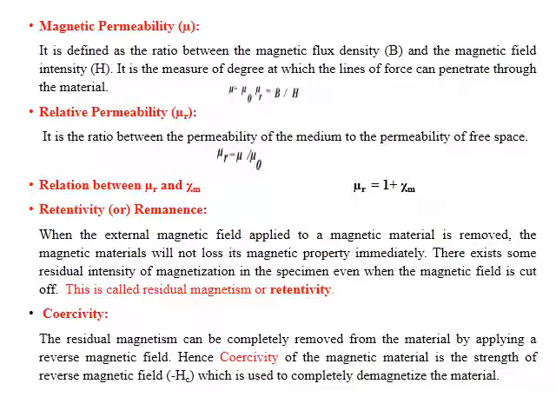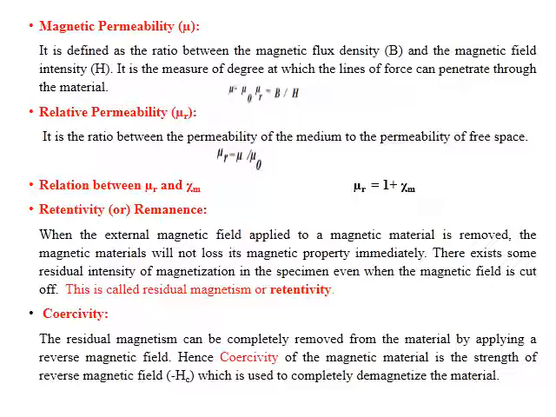We all know that when we place a non-magnetic material in an external magnetic field, it will be converted into a magnet, and often we can observe that after removal of the external magnetic field, the magnetic material still possesses some amount of magnetic energy. That amount of energy retained by the magnetic material during the process of magnetization is called retentivity or remanence.